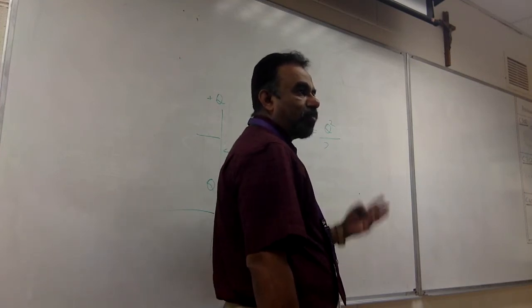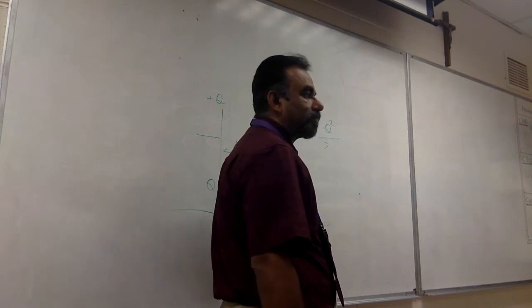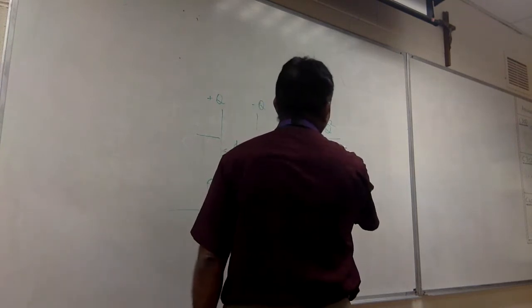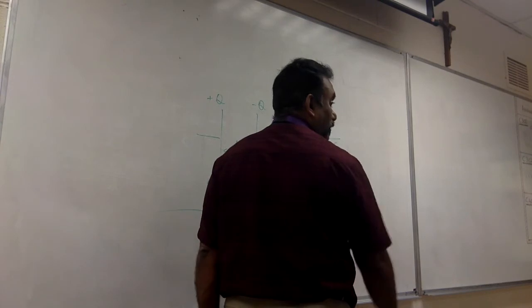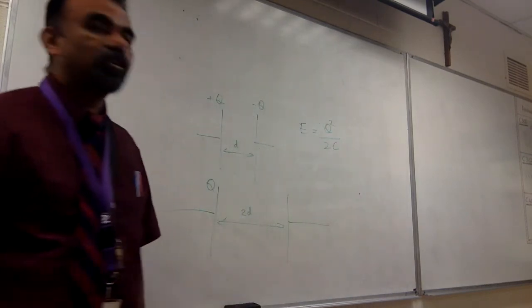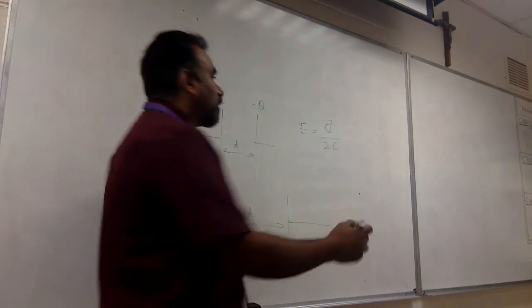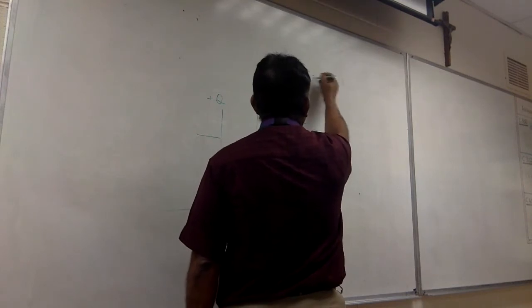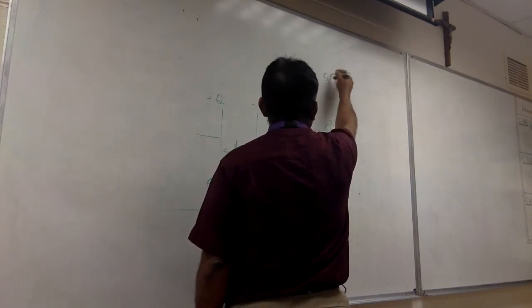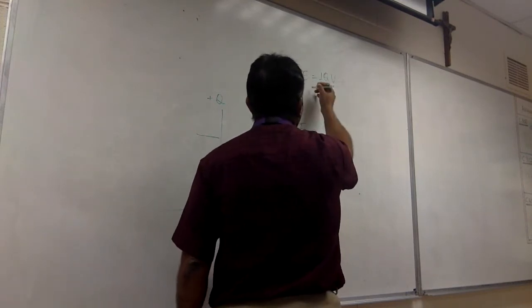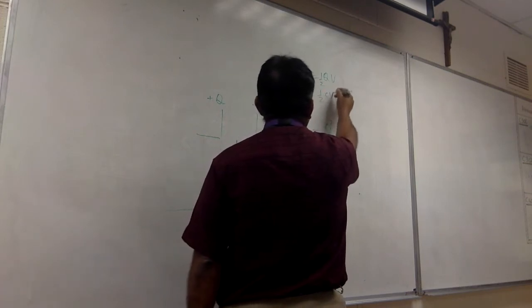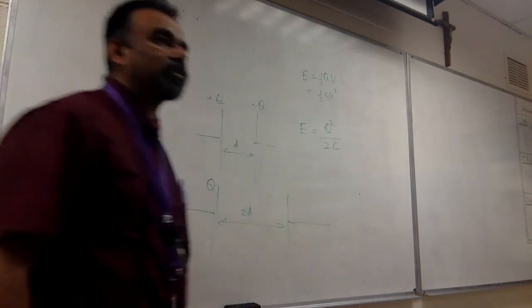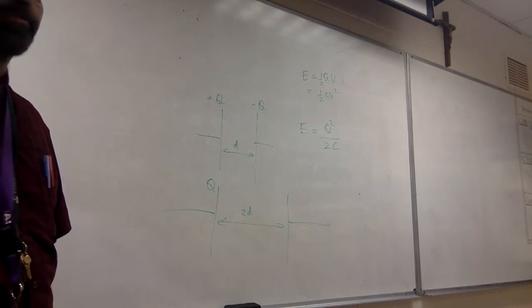I gave you 3 forms of the energy. Energy is QV, half QV, or half CV squared, or Q squared over 2C. These are the energy stored in the capacitor formulas.